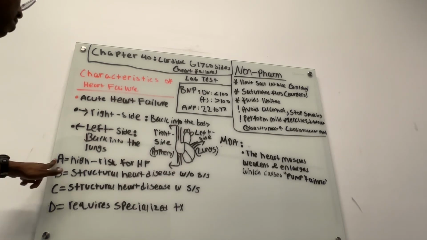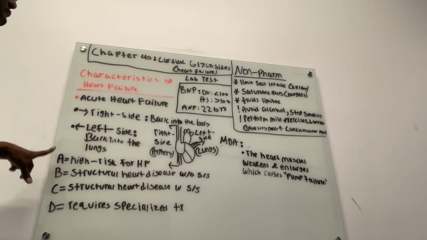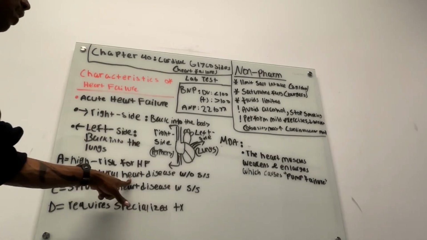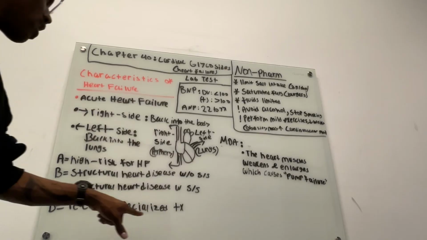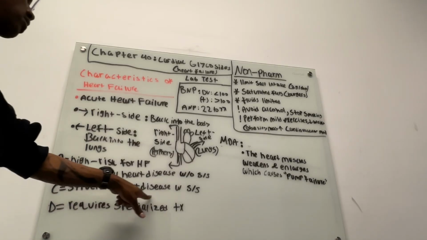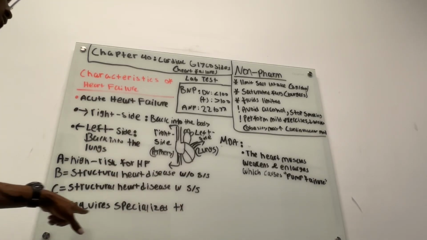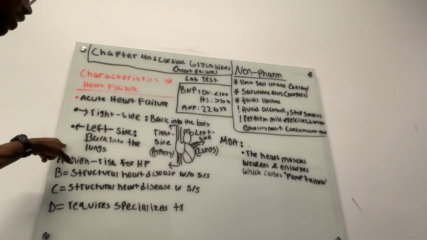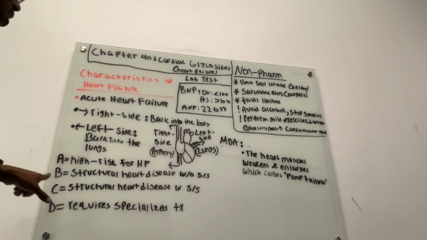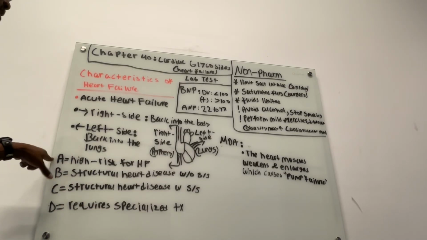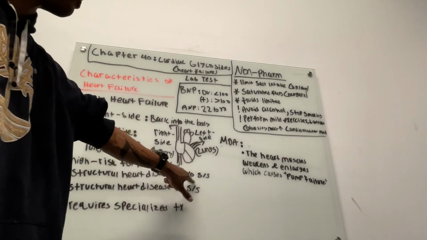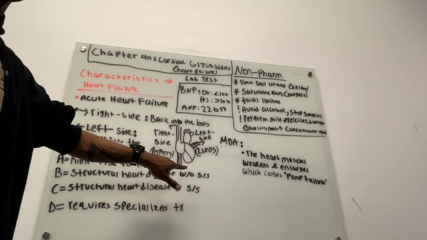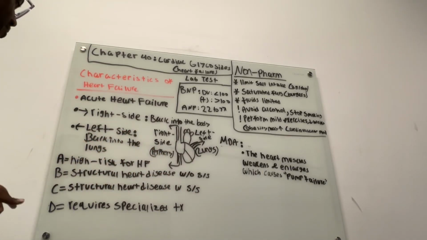So A being the high risk for heart failure, B is structural heart disease without the signs and symptoms, and then C is structural heart disease with signs and symptoms. And then D requires specialized training. I really think it goes from least to greatest. A is like you're at a high risk for having heart failure. B is like you have a heart disease, but you don't really see the signs and symptoms, so you're like a level 1 technically.